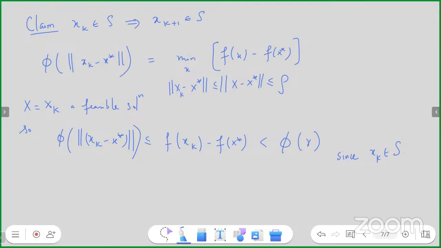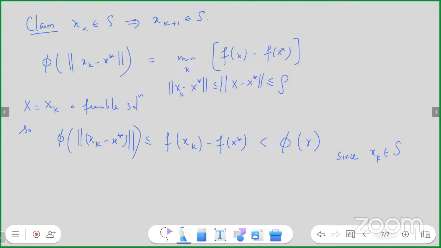By definition, S is all points x such that f of x minus f of x star is less than P of R. And the fact that xk belongs to S just tells us trivially that this is less than or equal to phi of R. So that's just by the definition of S.